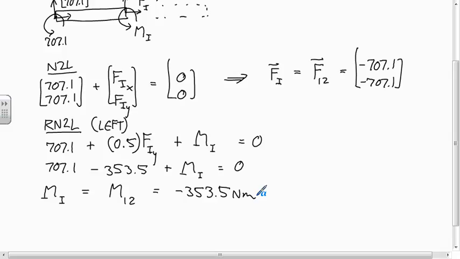So you're trying to prove that F21 is negative F12. Right. Yep. And if you think of it in terms of Newton's third law, it also has to be the case, right? If we just switch these subscripts, the force on 2 by 1 has to be equal to the negative force on 1 by 2. But instead, I want to do this by doing the problem again, by isolating piece 2, calculating those forces, and we're going to see that they're equal and opposite, okay?